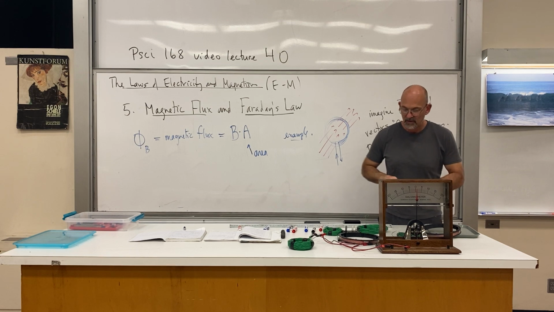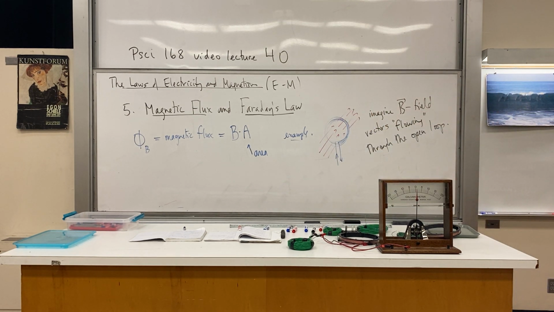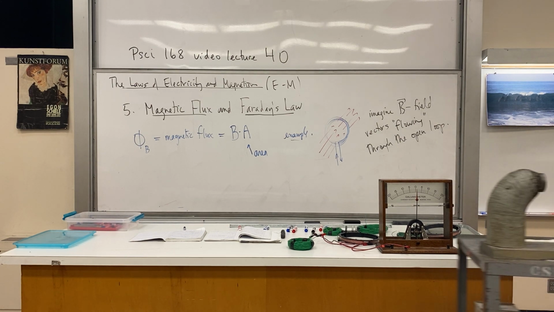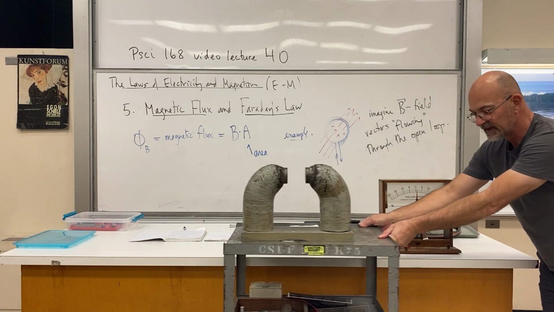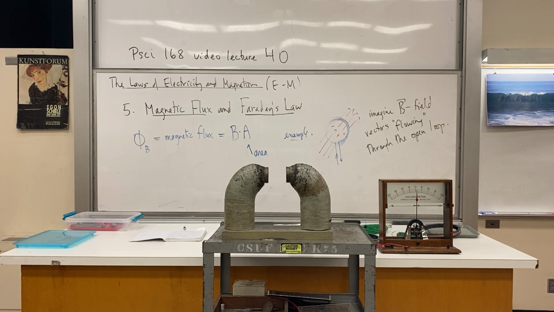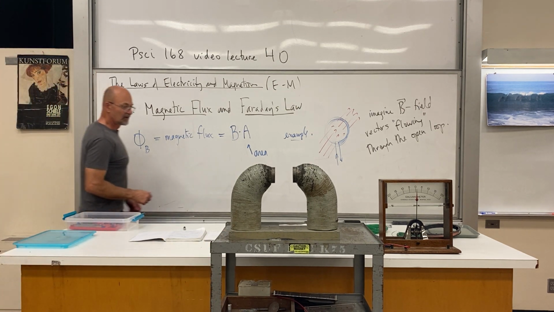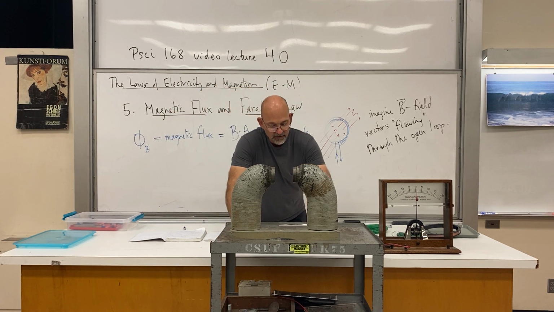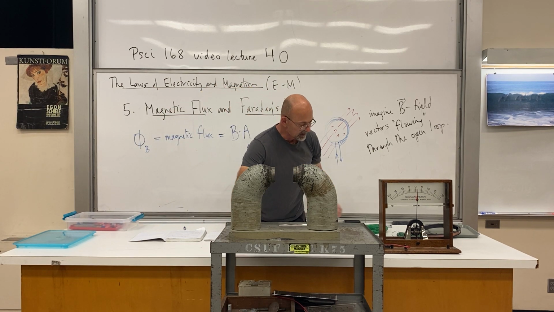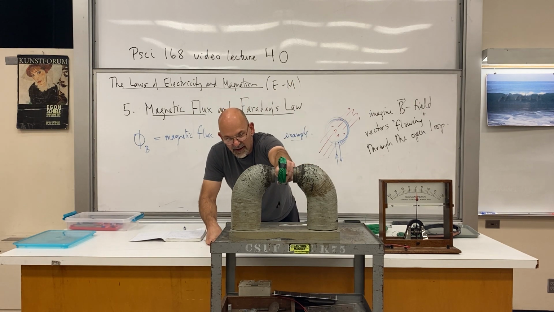Now, how about I bring this back into play? So here's our giant magnet. Let's see how that looks. Good enough. So here's our magnet, and the idea is that I could hold this loop in between, and there is a flux.